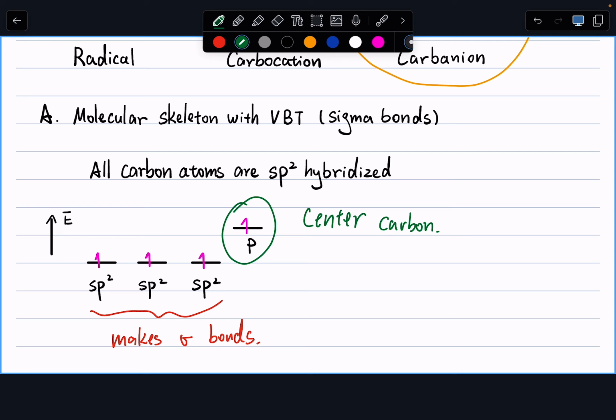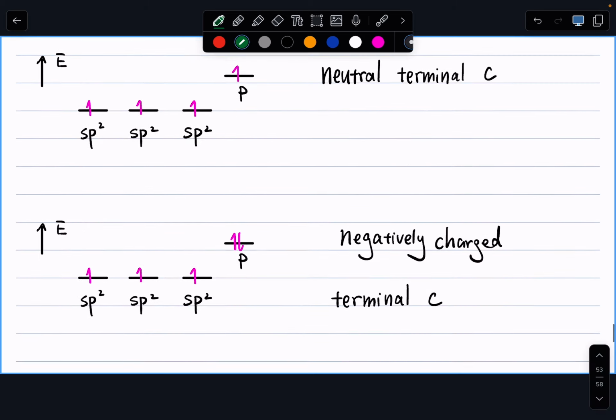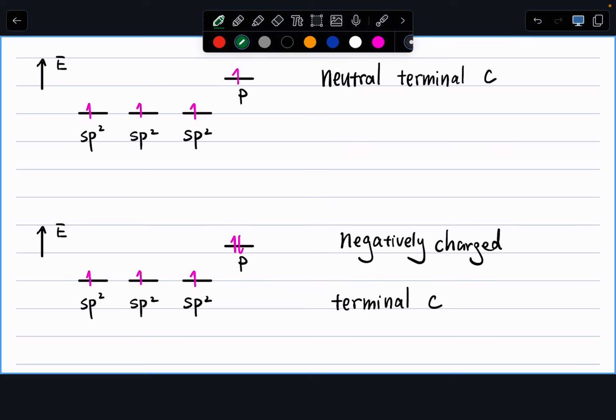All right. And then for the 2 terminal carbons, if we do the same kind of analysis, we end up getting 2 different kinds of energy diagrams. For the neutral terminal carbon, I don't care which one it is, it can be left or right. We have 3 sp2 hybridized atomic orbitals ready to make sigma bonds, and we have 1 singly occupied p orbital ready to make pi bonds if the carbon is neutral.